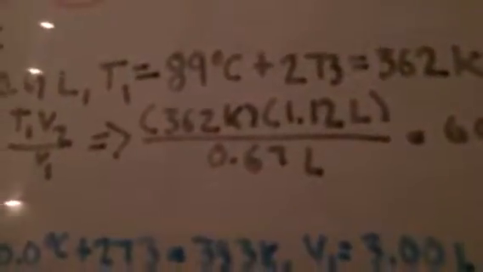So to rearrange this equation for this problem, you would do T2 is equal to T1 times V2 all over V1. And plugging in the variables, we would get 362 kelvins times 1.12 liters all over 0.67 liters.